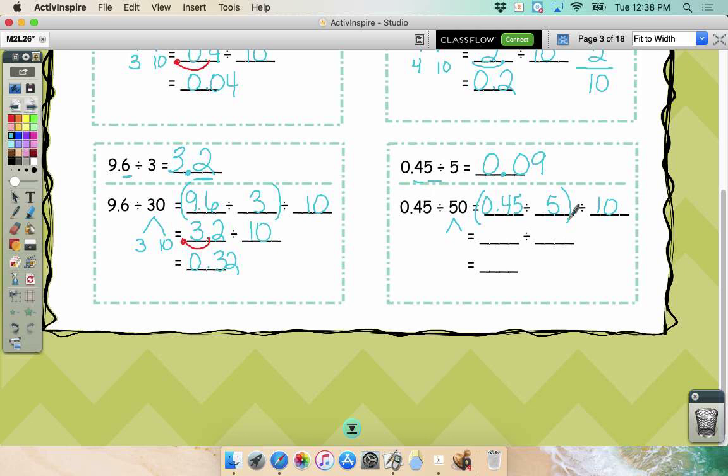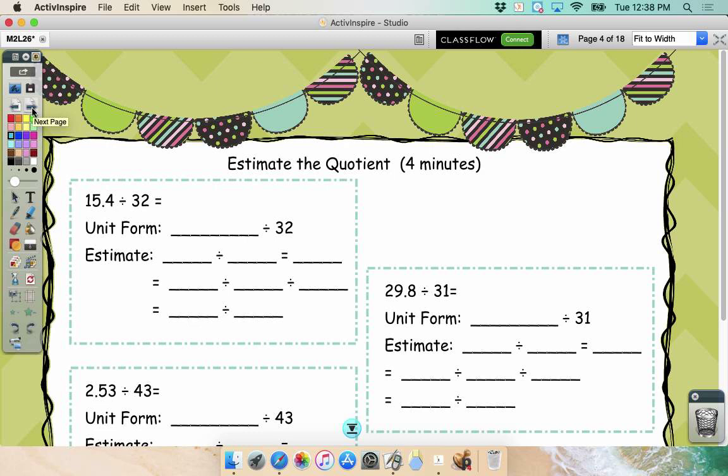What do you think? 0.09 divided by 10. Good. And how about table 6? What did you get for your answer? 0.009. How do you say that number? 9 thousandths. Very good. Okay, we're skipping the next one. So you can put an X through it. Okay.